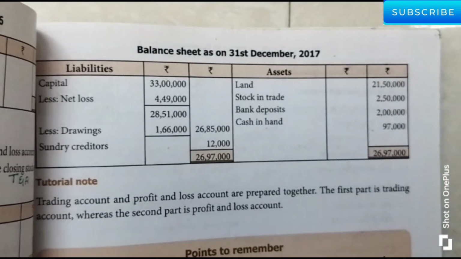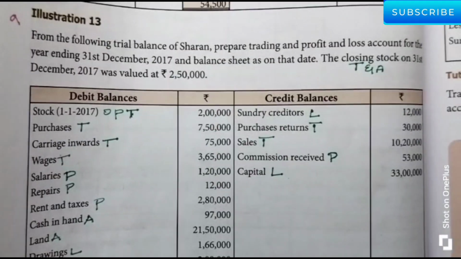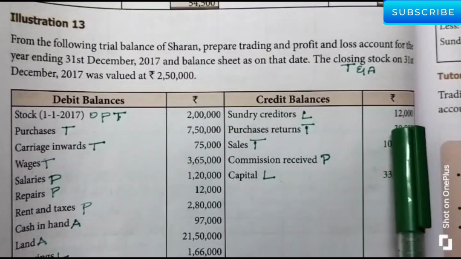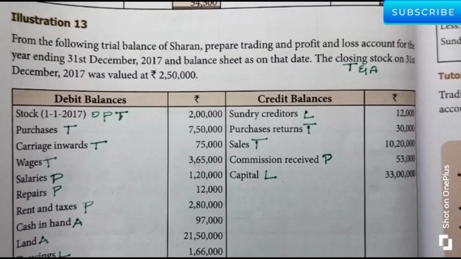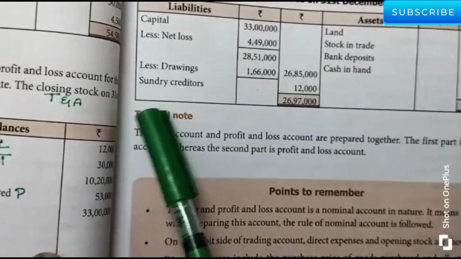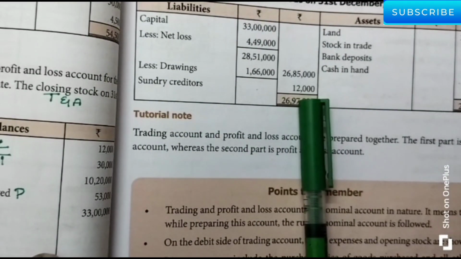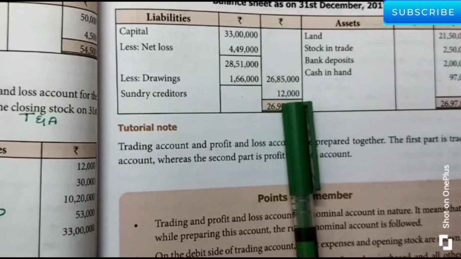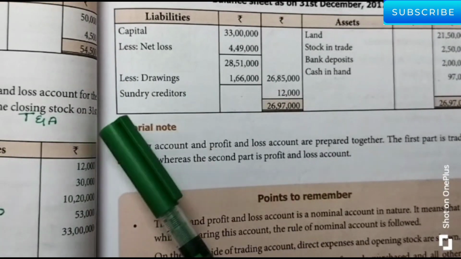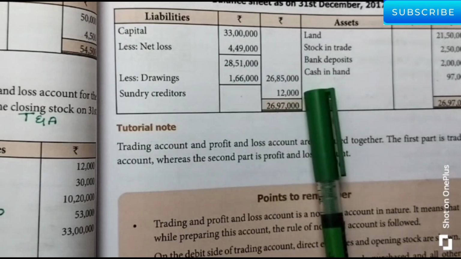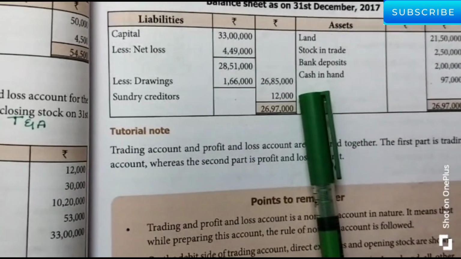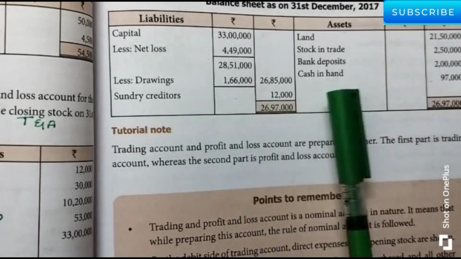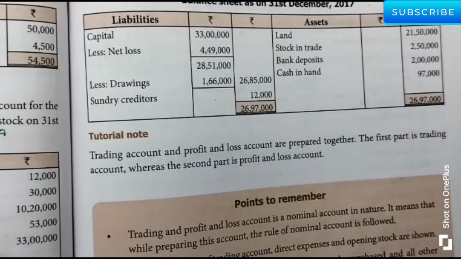On the liabilities, sundry creditors 12,000 rupees. So sundry creditors 12,000 rupees we have entered on the liability side. Listen carefully. We entered all the given information related to the balance sheet on the liability side and asset side.